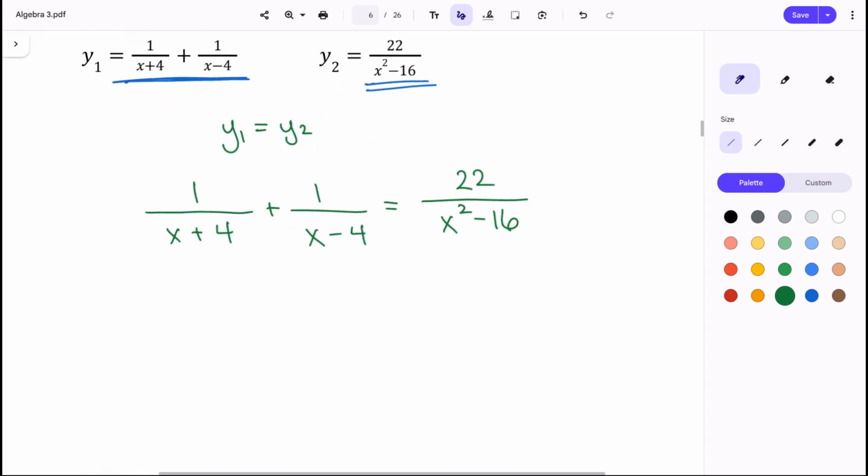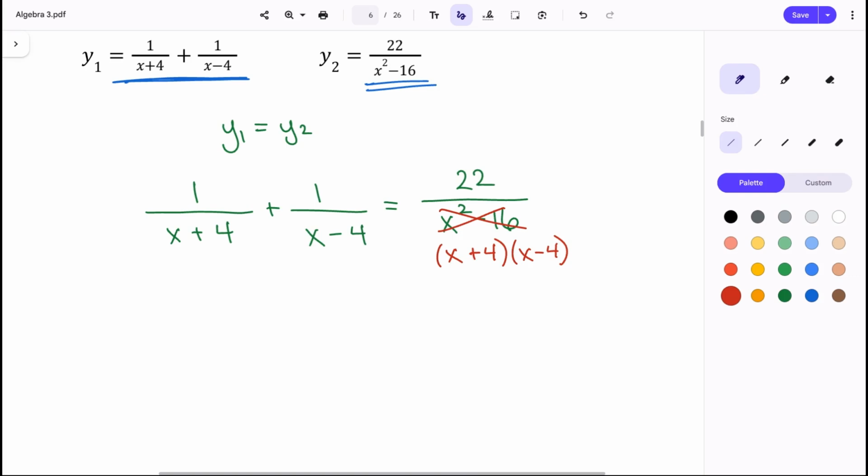Okay, so I've got them set equal. Think back to the last chapter, we did some factoring. The first equation that they gave me in y1, I don't really need to do any factoring with. But the second one, I should be able to factor that x squared minus 16. How does that factor? x plus 4, x minus 4. Good, so I'm just going to write that x plus 4, x minus 4. Okay, that takes care of that.